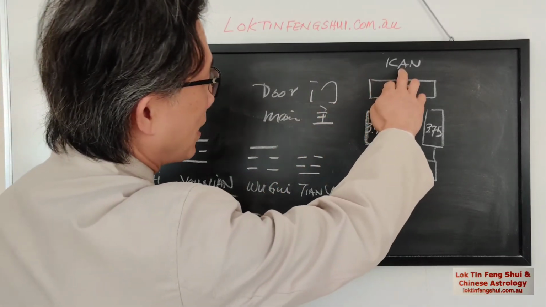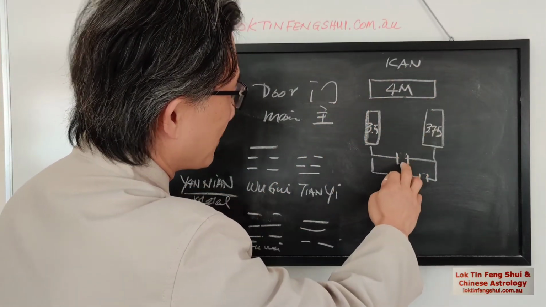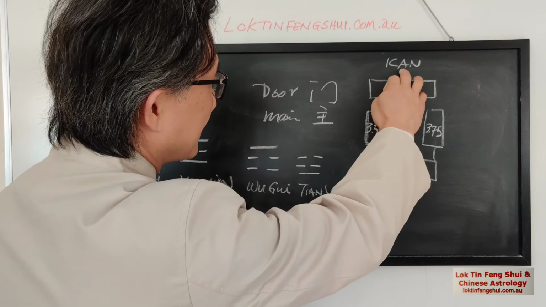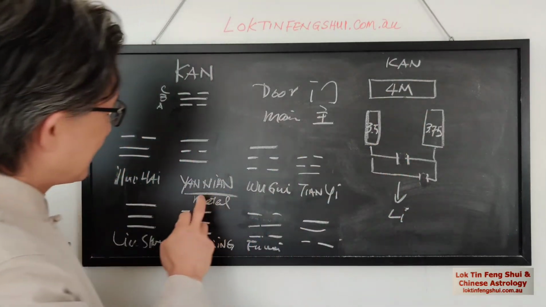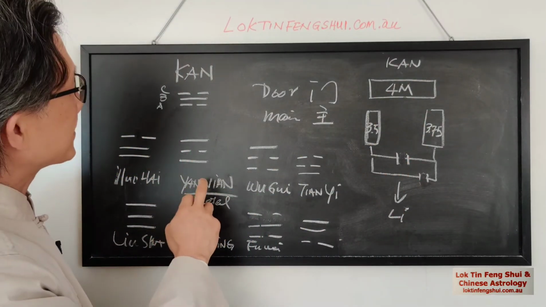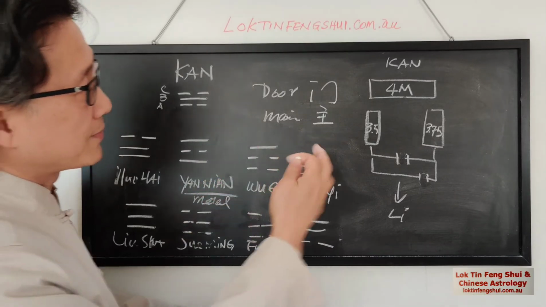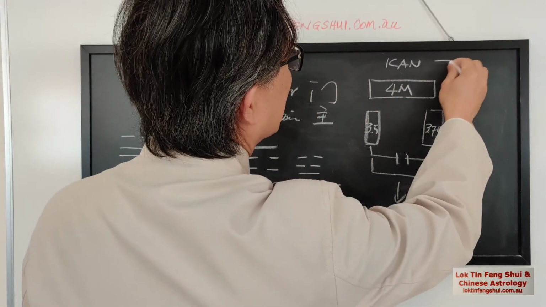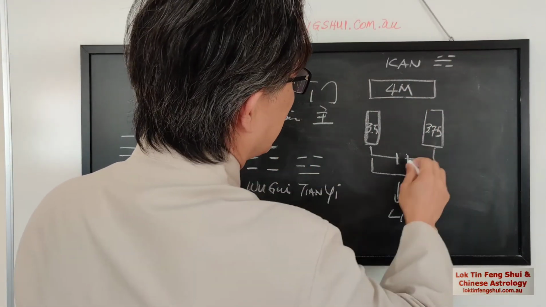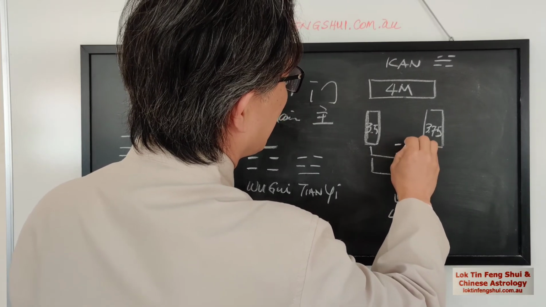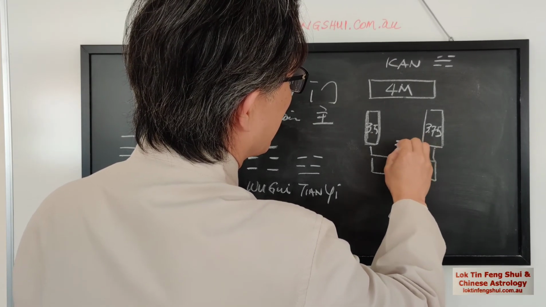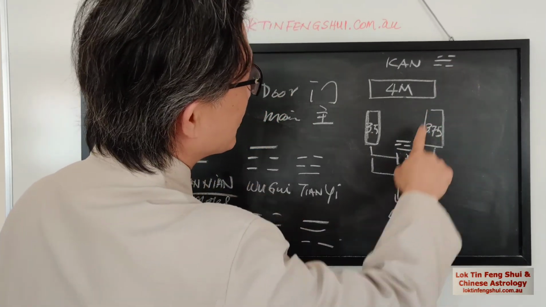So let's say it's Kan Gua, and this is Li Gua. Kan, Li, that's Yan Nian, right? Because it's flipped, that's Kan, and that's Li. See, all change.